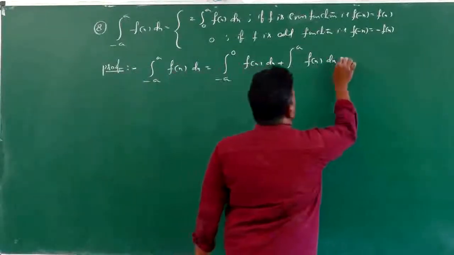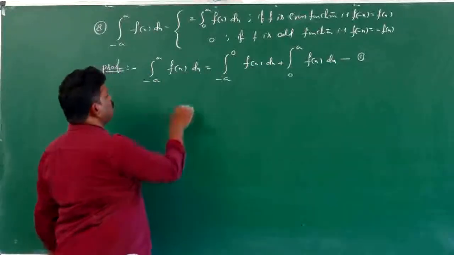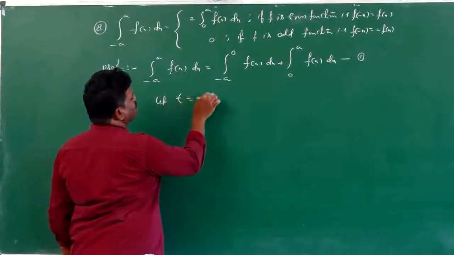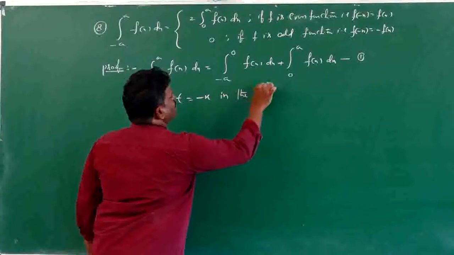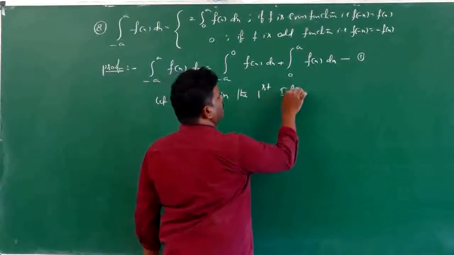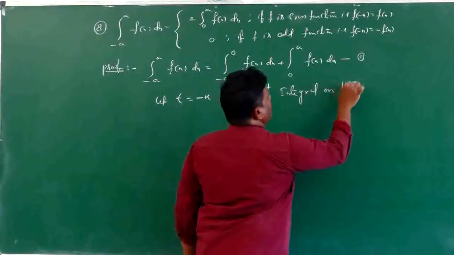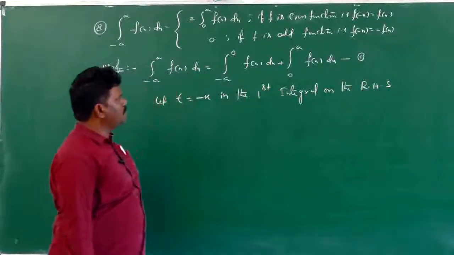Now this we consider as equation 1. Now if we take a substitution in the first integral on the right hand side, let t is equal to minus x.